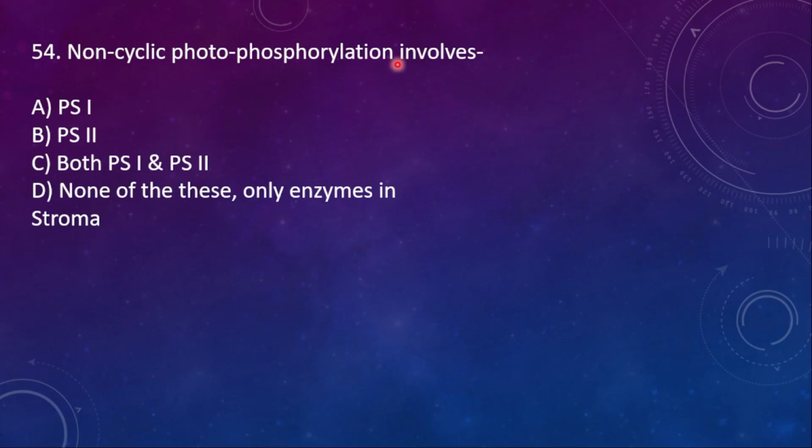Non-cyclic photophosphorylation involves: A, PS1; B, PS2; C, both PS1 and PS2; D, none of this. Only enzymes in stroma? No. So here the right option is both PS1 and PS2 are used in non-cyclic. In cyclic, only PS1 is going to be used.